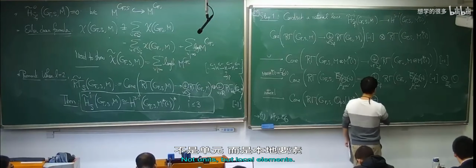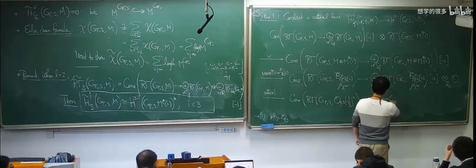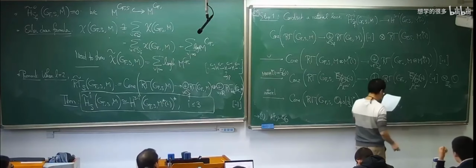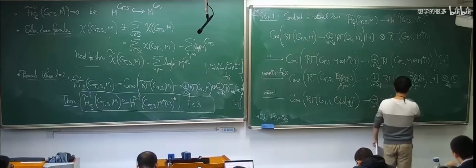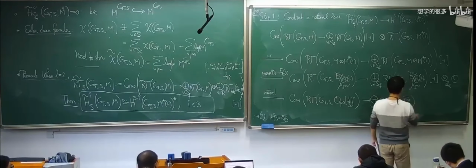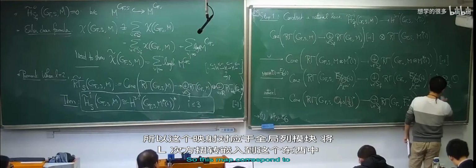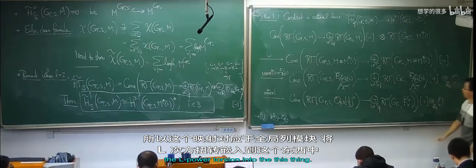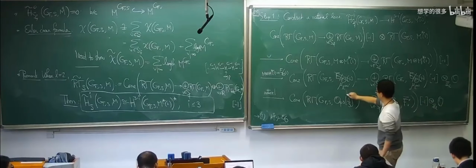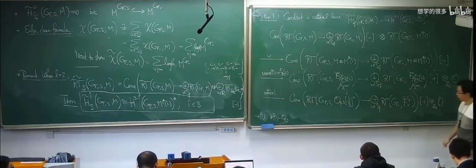Not units, but local elements. So this map corresponds to global cohomology. We embed the L power torsion into this thingy, and this embeds the local one into here.